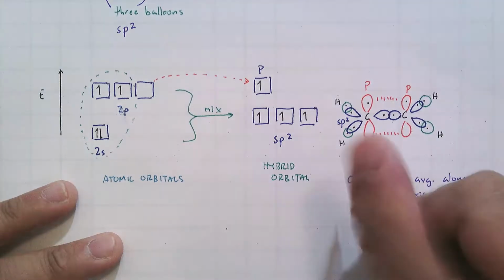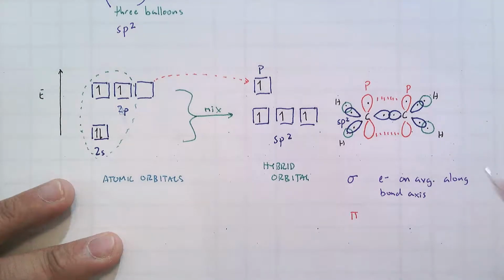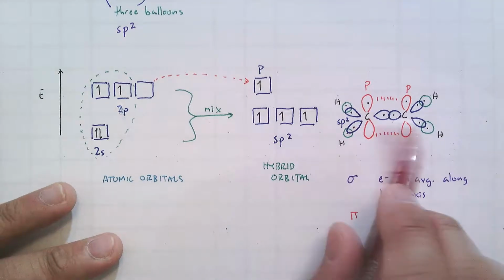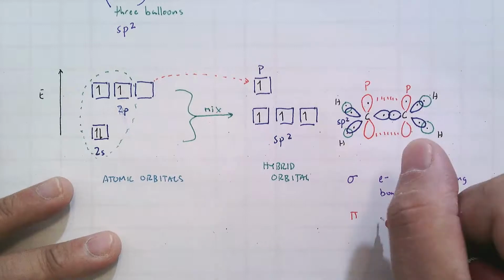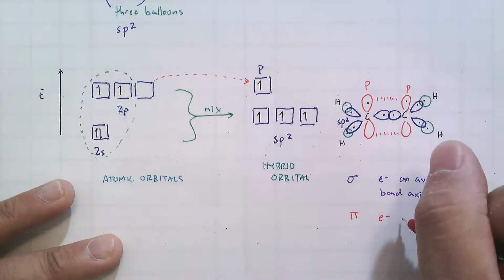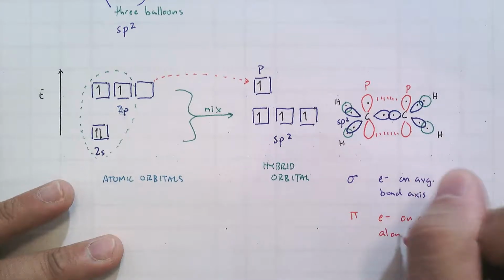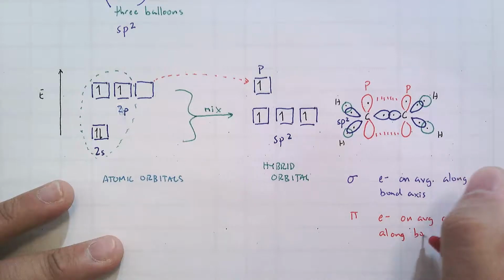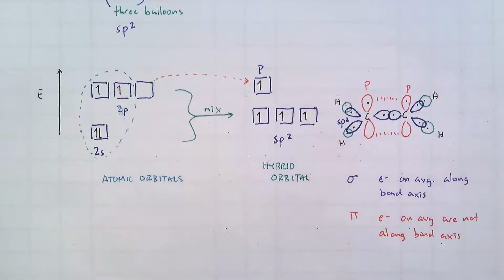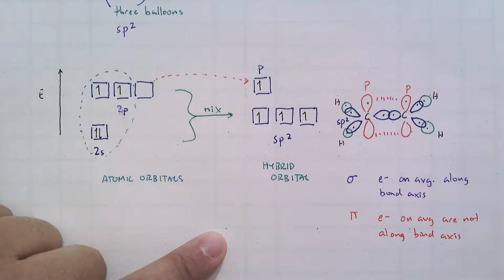But the pi bond is the overlap is not in the bond axis. So here the electrons on average are not along the bond axis.